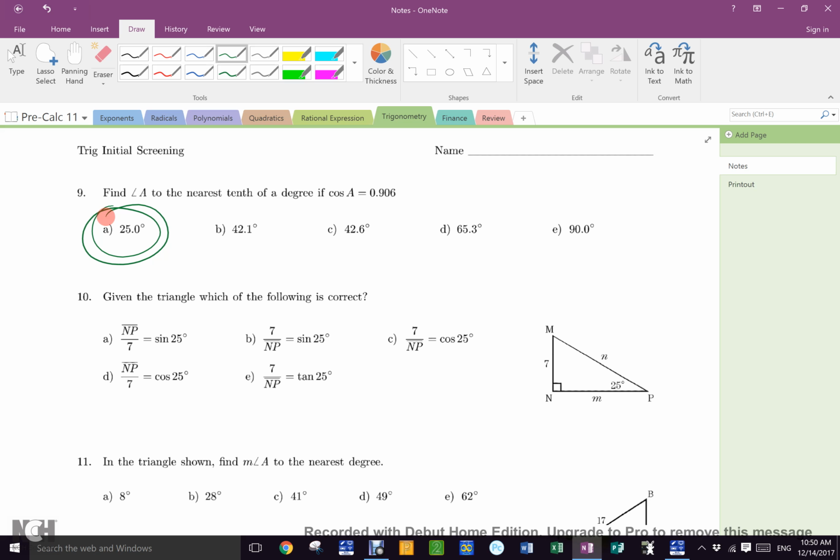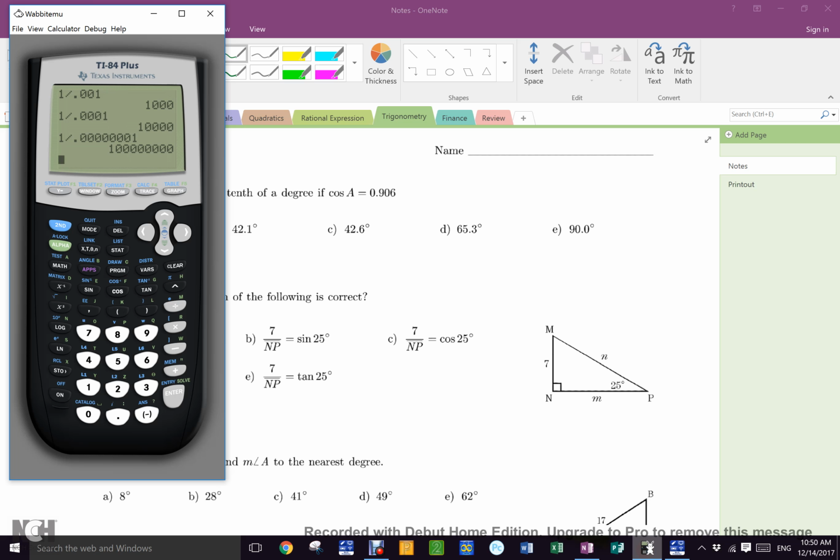It's A. 10. Can you explain 9? 9? Sure. So you know the value, right? Yeah. So you need the angle. So you're not doing cos of an angle, you're reversing it, right? So shift cos 0.906. 25 degrees.